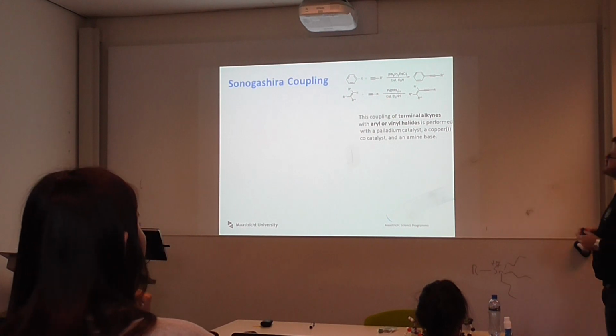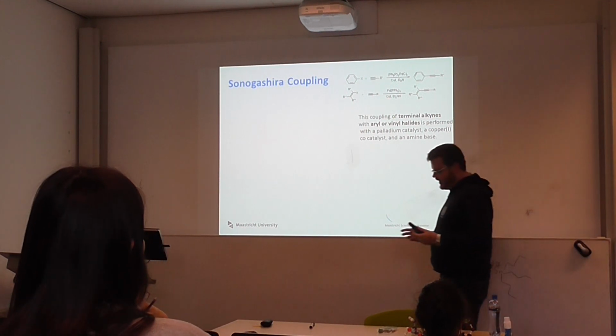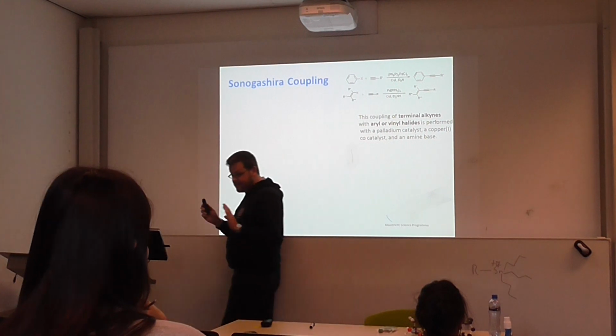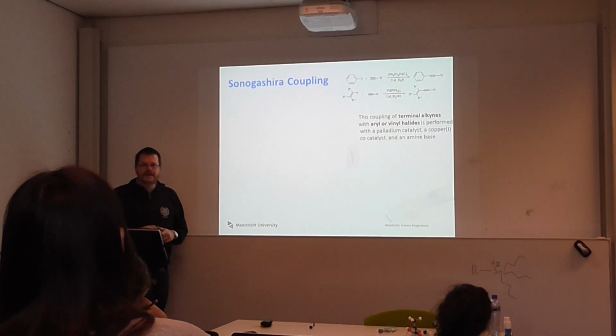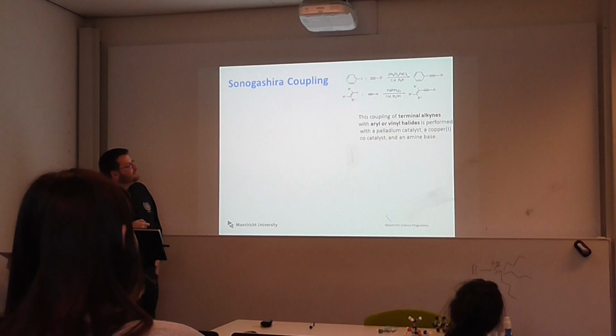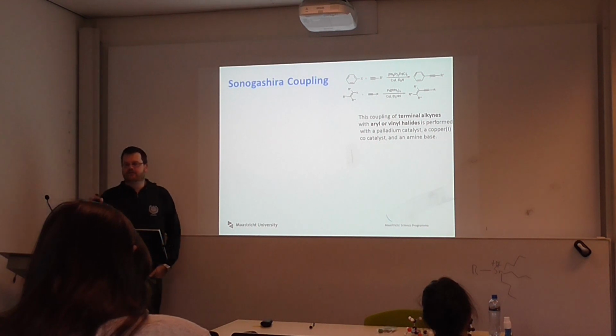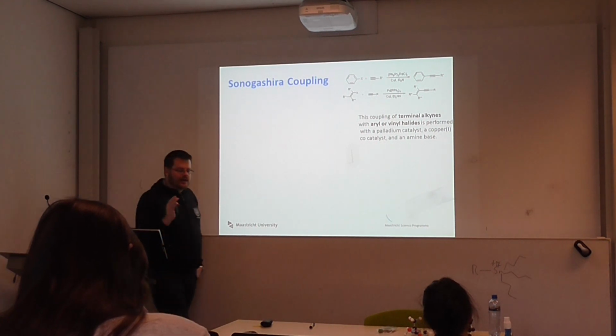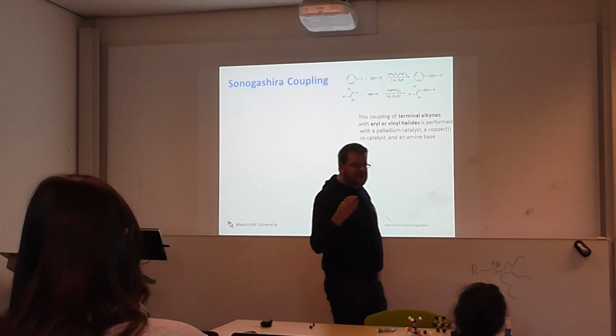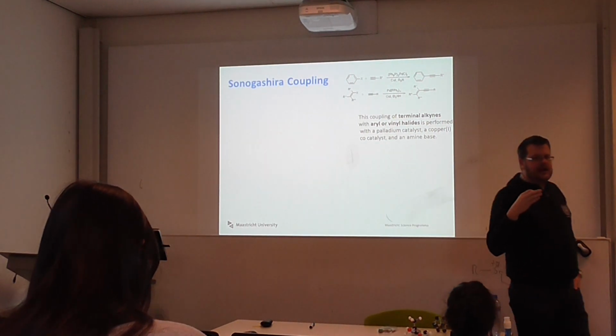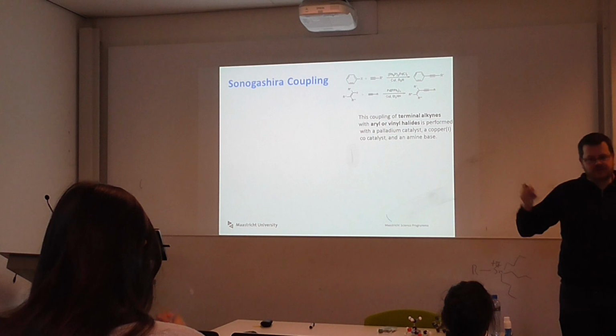Now I want to introduce another interesting coupling which is slightly different. Here we're doing sp2-sp coupling. So we're coupling, in this case, alkynes to sp2 halide centers. Now that's different, because up until now we've done a lot of sp2 coupling, right? And now we're doing sp2-sp coupling.